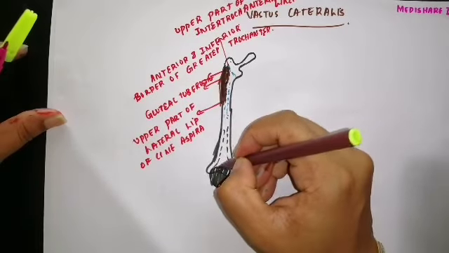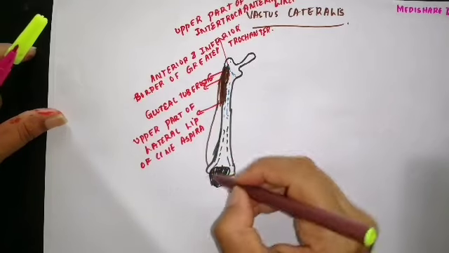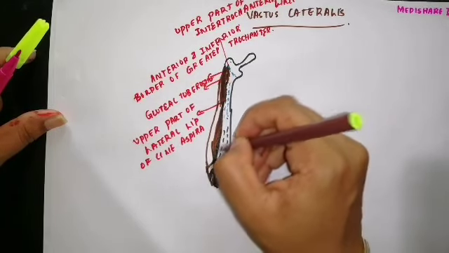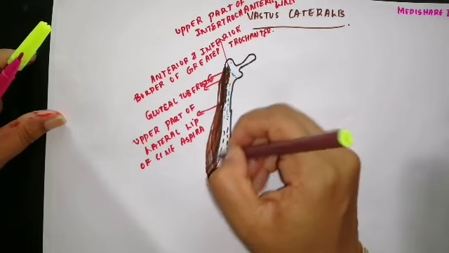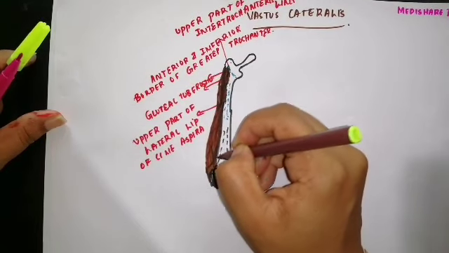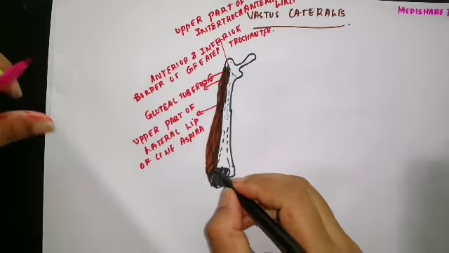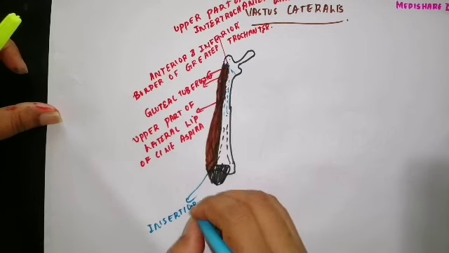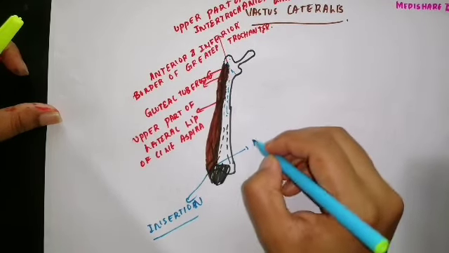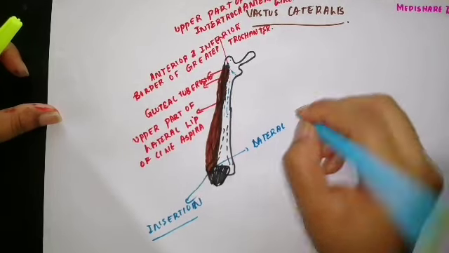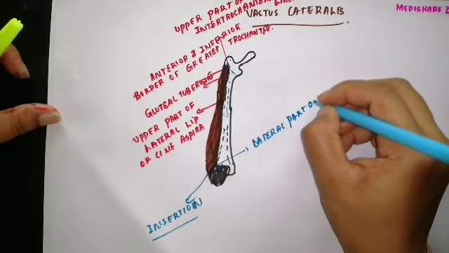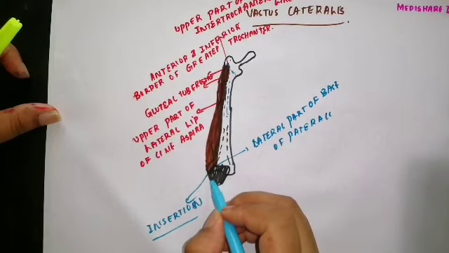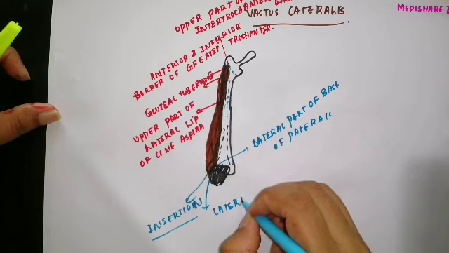So it gets inserted into the base of patella, the lateral part of the base of patella, and also the lateral border of the patella, the upper one third of the lateral border of patella.